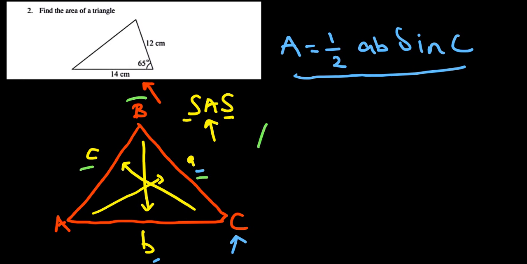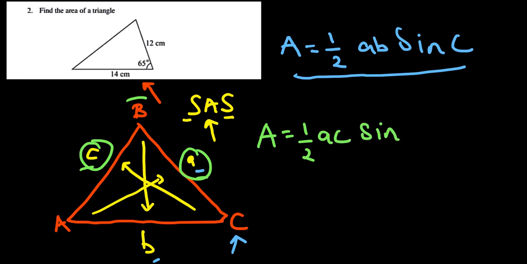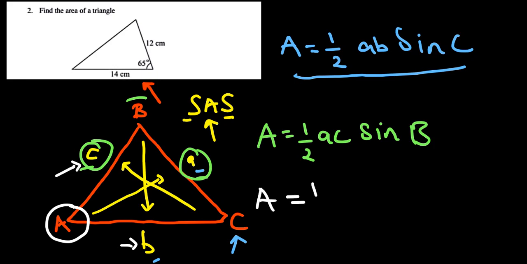Then your area will be given by 1 over 2, multiplied by the sides that you have, A and C, so it will be AC and then sine angle B. You can also have angle A, and then side B and side C. Then your area will just be equal to 1 over 2 BC sine A. So it depends on the sides and the angle that you have which formula you're going to use, but it's basically the same formula.